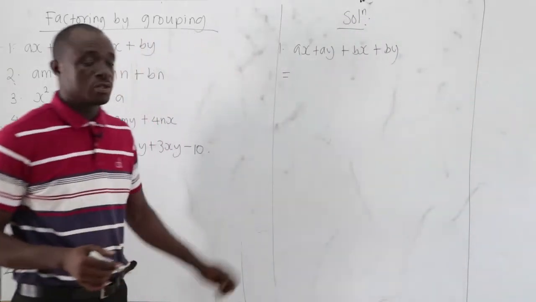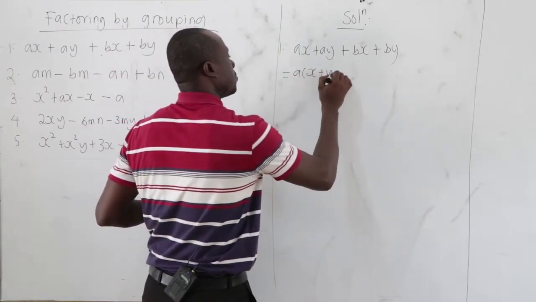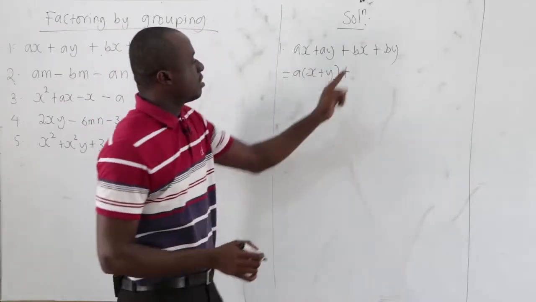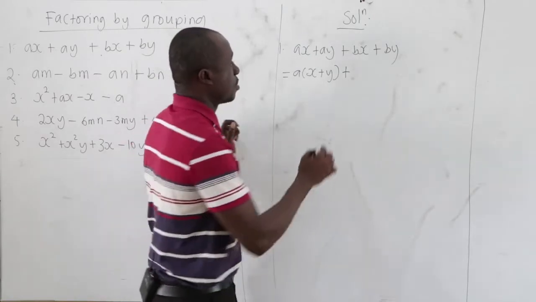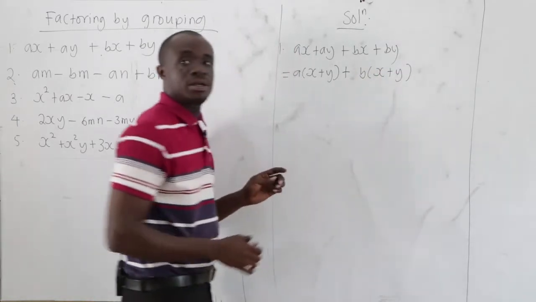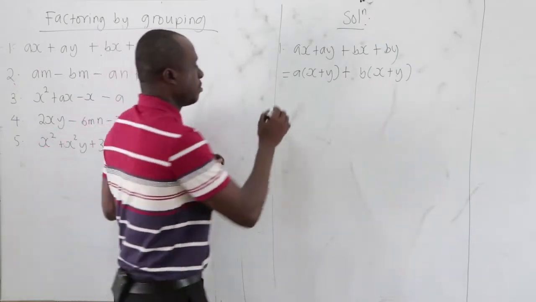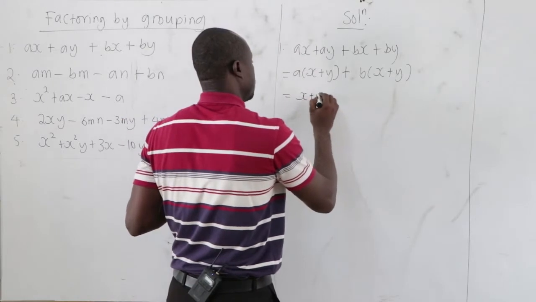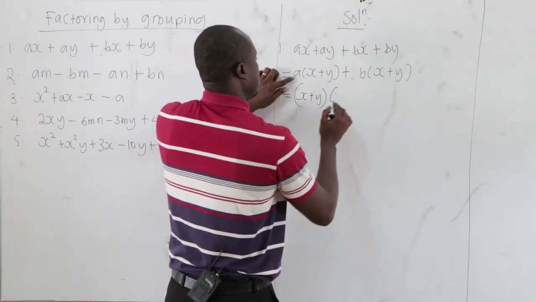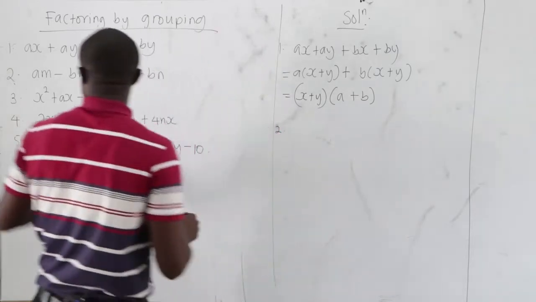Now clearly a is common in the first two, so a out, (x plus y). The second two, b is common, so I have b(x plus y). So you can see x plus y common. Bring it out, so I have (x plus y), and then what is left here? (a plus b).